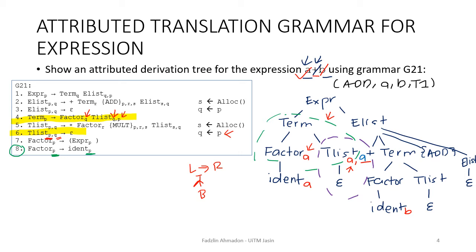And if you look at this particular section, T-list has two attributes, Q and P. Now, if you look at our T-list in the tree, the two attributes are A and also A, which means P now has the attribute of A. So we see P again as the attribute of term.